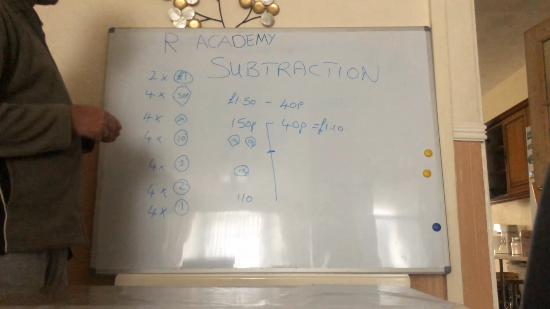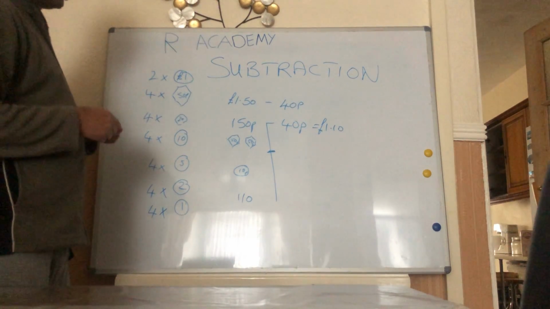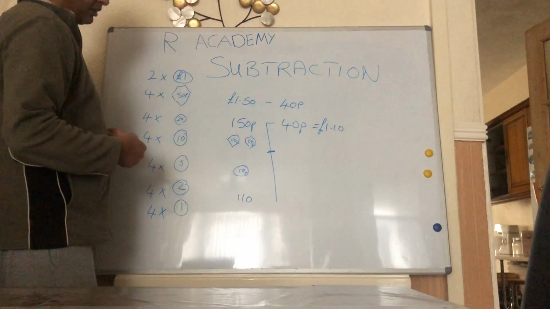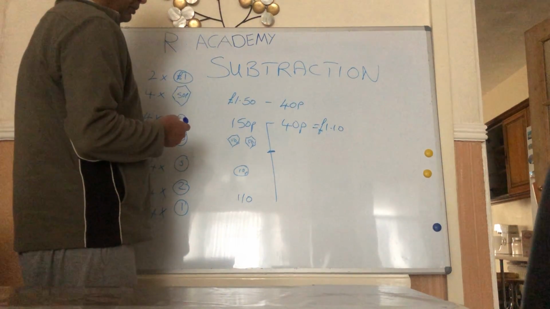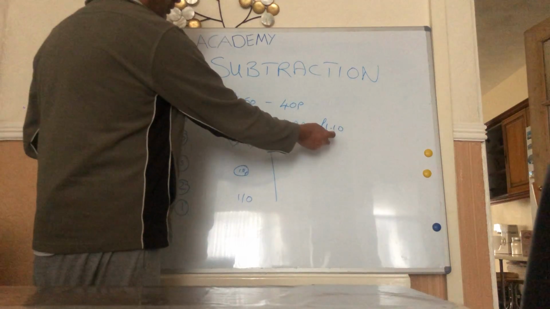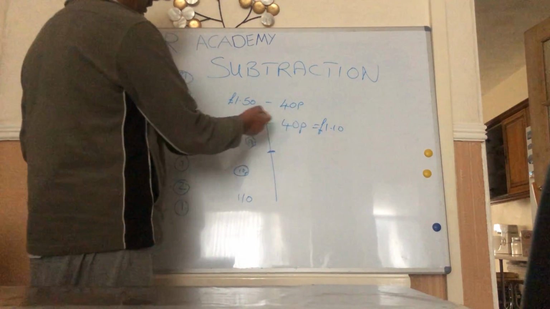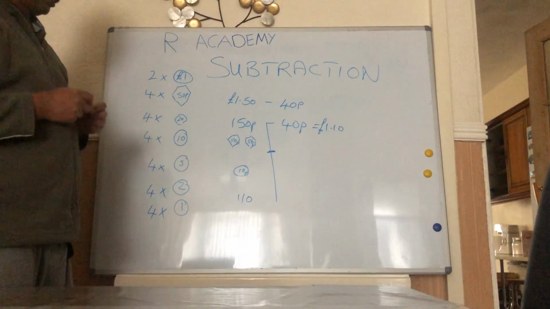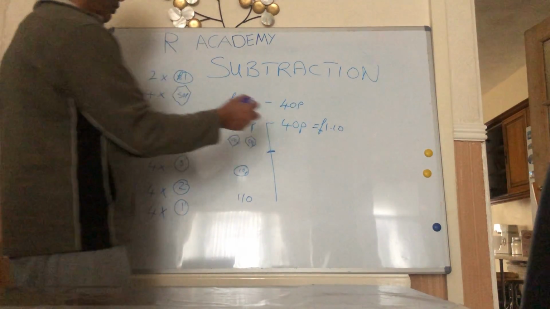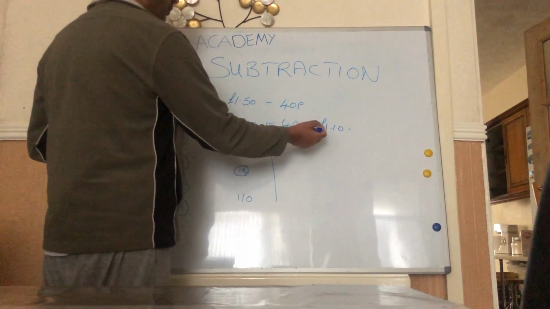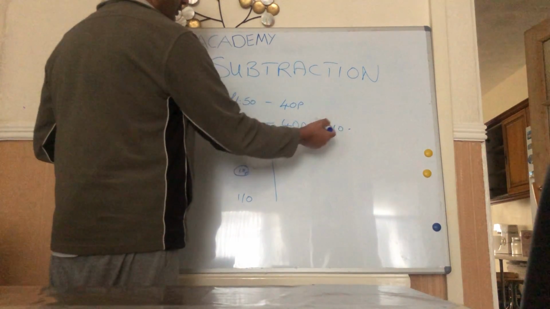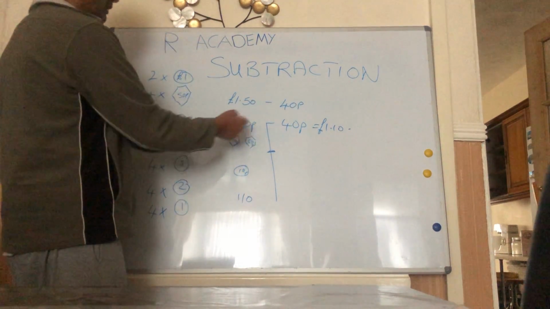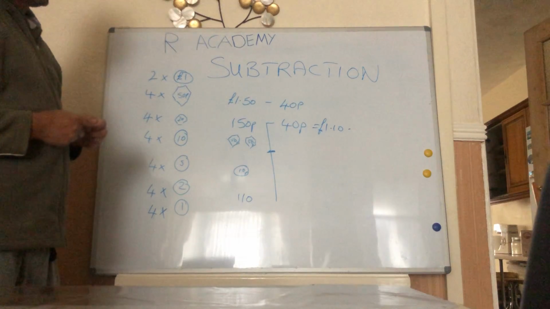Because if you were to prove your answer that it's £1.10, you could say to them, let's add £1.10 to 40, and if it becomes £1.50, then we know that this is correct. Say for argument's sake, if that wasn't correct, and you came up with £1.20, plus 40 would be £1.60, so you know it doesn't match. So it's a really good method.